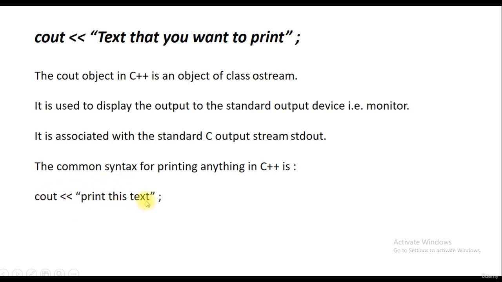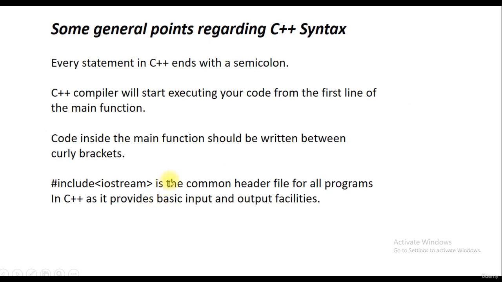Write this and then, in the quotes, the text that you want to print on the screen. This is the common syntax for printing anything on the screen, right? And one necessary thing, make sure to use a semicolon to end your line of code. Every statement in C++ ends with a semicolon, that we've already discussed.